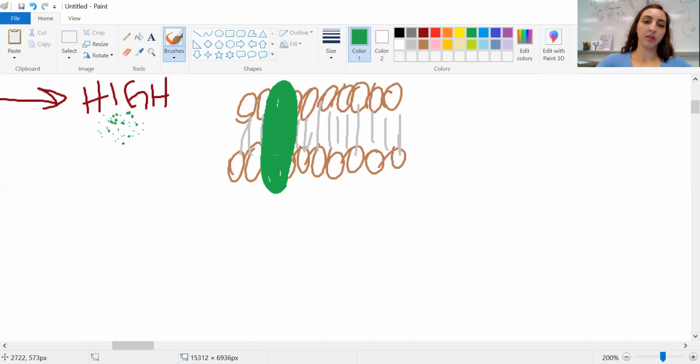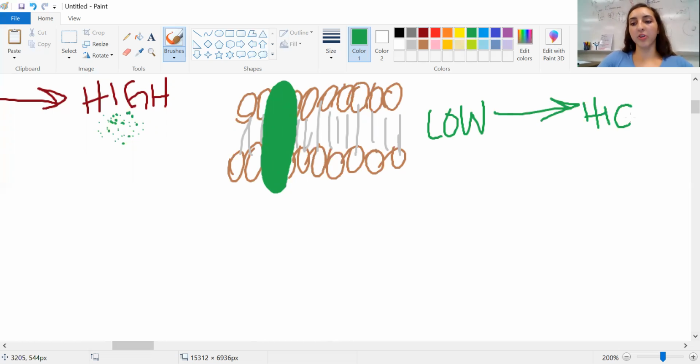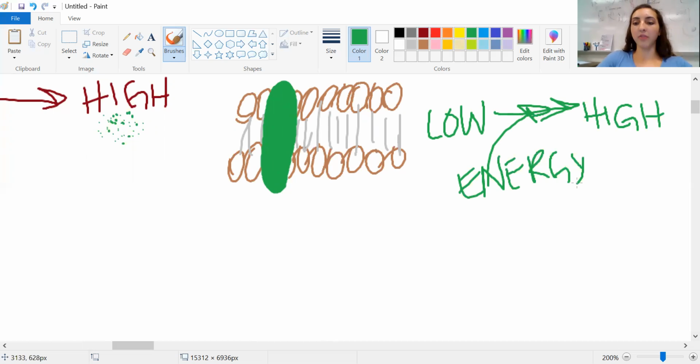This protein is going to be pushing things from low to high using energy. And often we'll see that within a sodium-potassium pump.